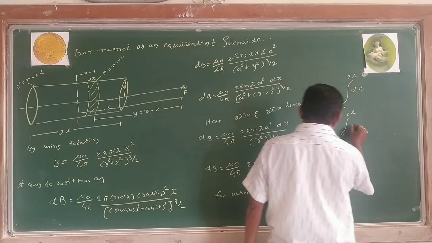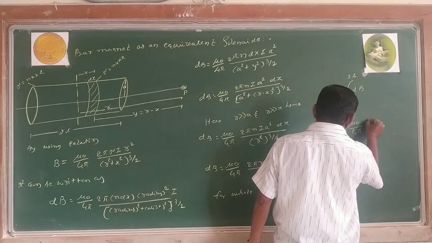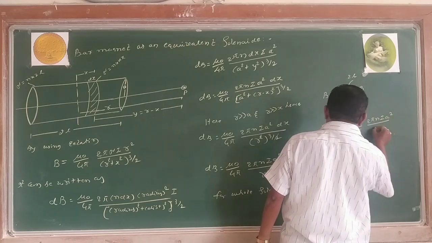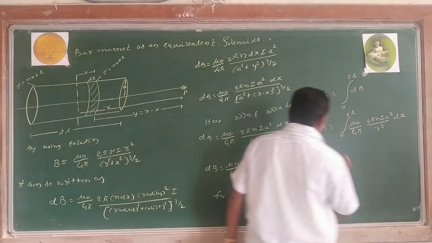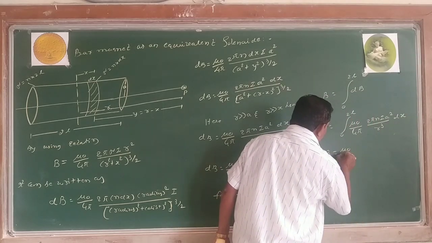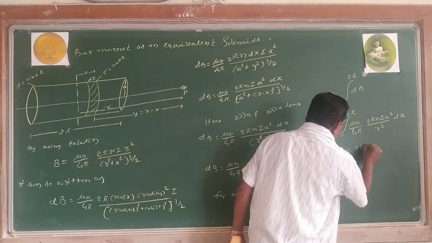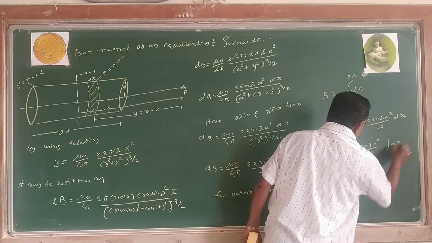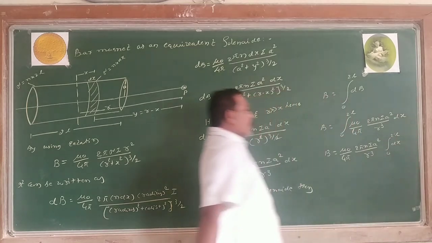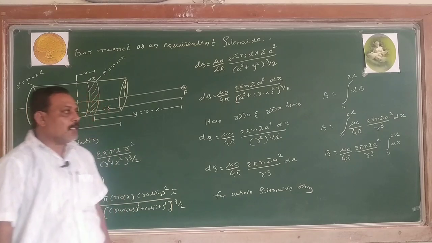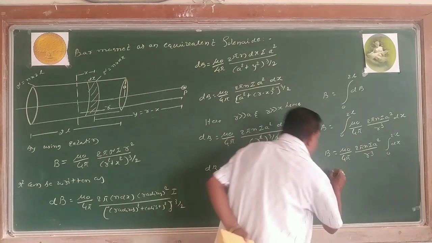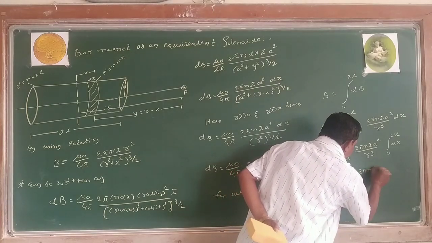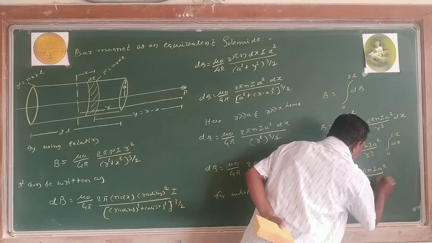Mu naught divided by 4 pi, 2 pi n I a square by r cube into dx. Removing the constant factor outside, the integration of dx from 0 to 2L is nothing but 2L. So B equals mu naught divided by 4 pi, 2 pi n I a square by r cube into 2L.